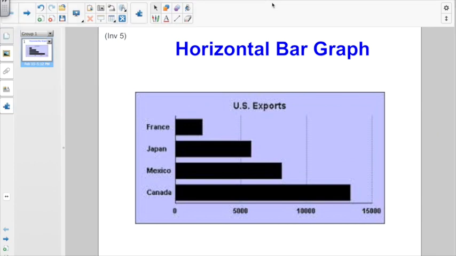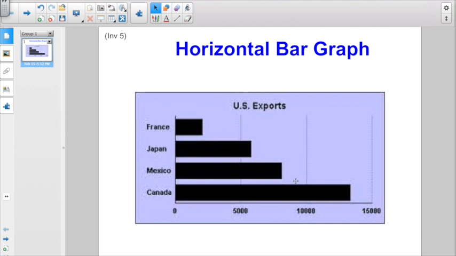All right, and just one extra little thing I want to tack on before we go: there is a problem today asking you to display data in a horizontal bar graph. If you remember, bar graphs just use bars to indicate whatever level the data shows.